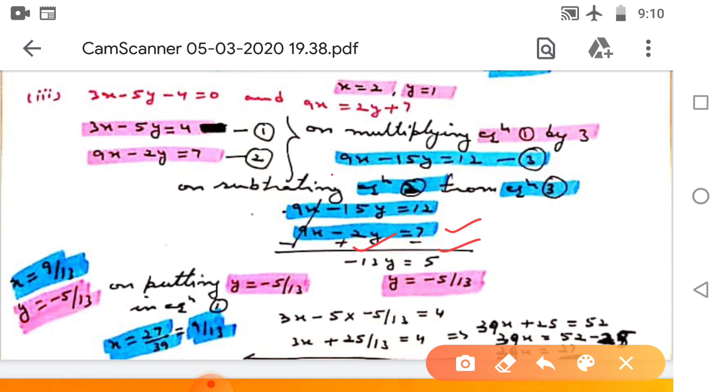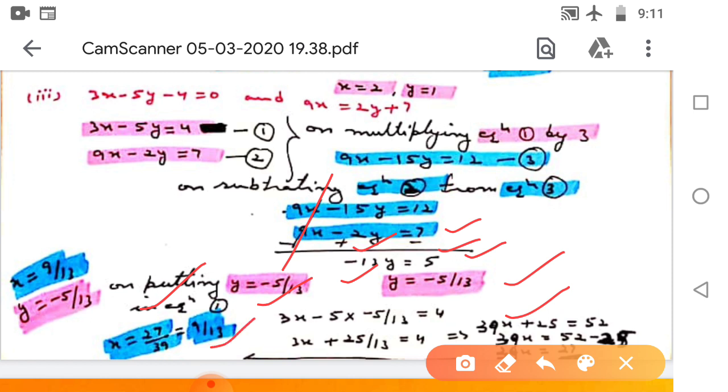Now plus 9x minus 9x gone, minus 15y plus 2y is minus 13y, and 12 minus 7 is 5. So y is equal to minus 5 by 13. Now putting the value of y as minus 5 by 13 in equation 1, we get the value of x as 9 by 13.